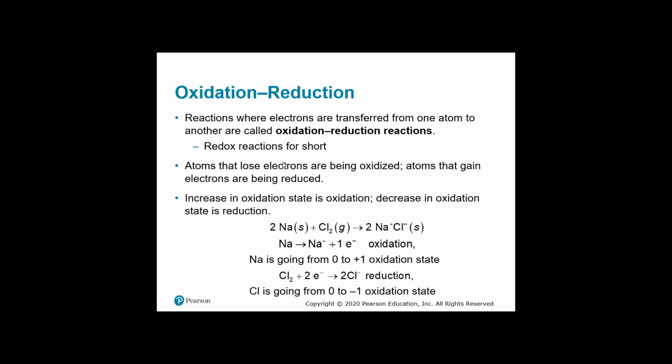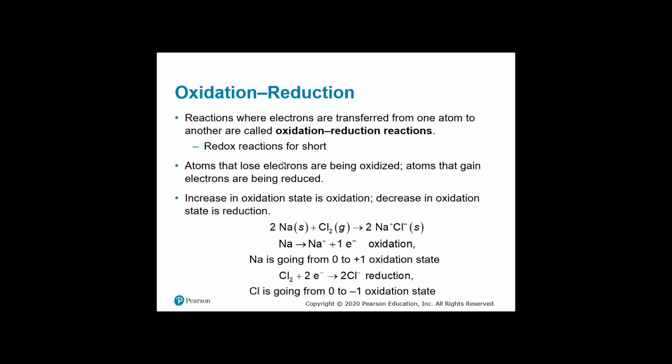Okay, so redox reactions are reactions where electrons are transferred. That's all they are. We are following where the electrons go. We are transferring electrons from one substance to another, and following the paths and what happens to those substances. So we call it redox for short. Atoms that lose electrons are oxidized. We already talked about that. Atoms that gain electrons are reduced.